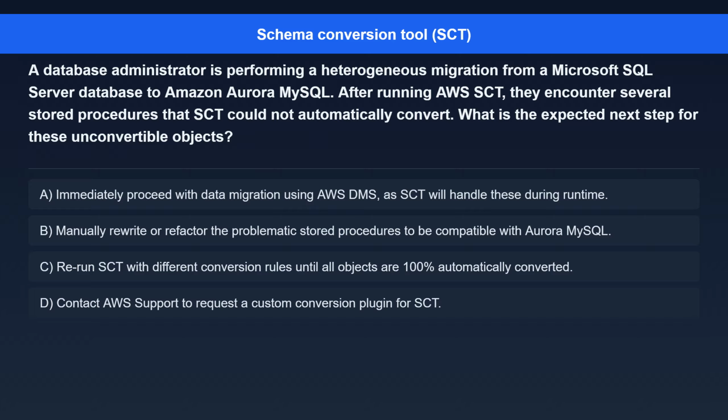Option B, manually rewrite or refactor the problematic stored procedures to be compatible with Aurora MySQL. Option C, rerun SCT with different conversion rules until all objects are 100% automatically converted. Option D, contact AWS support to request a custom conversion plugin for SCT.